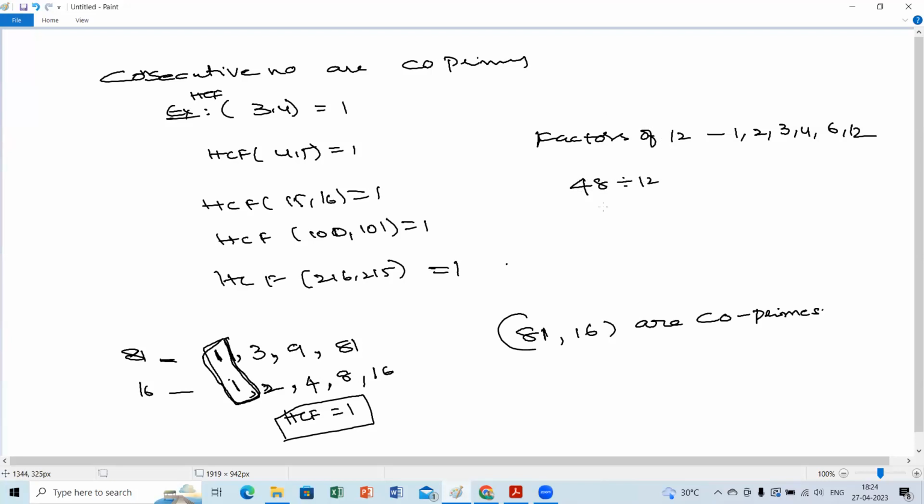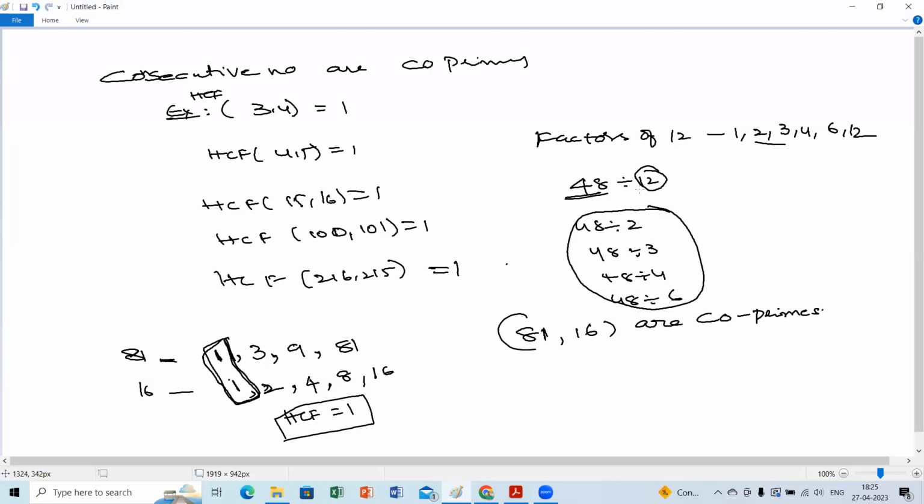Now you have to check what other numbers 48 will be divisible by, the factors of 12. 48 is also divisible by 2, because it is an even number. 48 is also divisible by 3, by 4, and by 6. That means it is always divisible by the factors of 12.